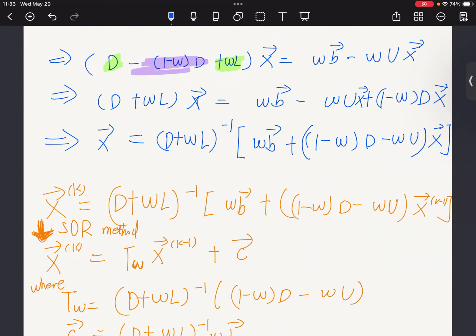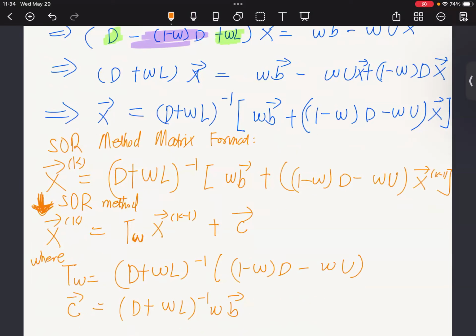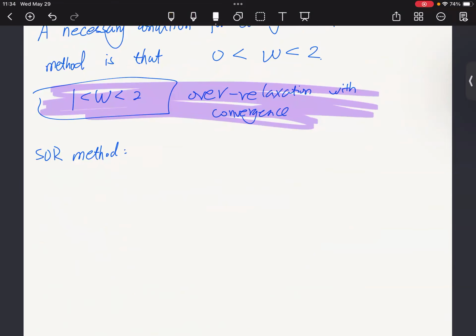This one is the SOR method, matrix format. And this one is the SOR method, component-wise format.